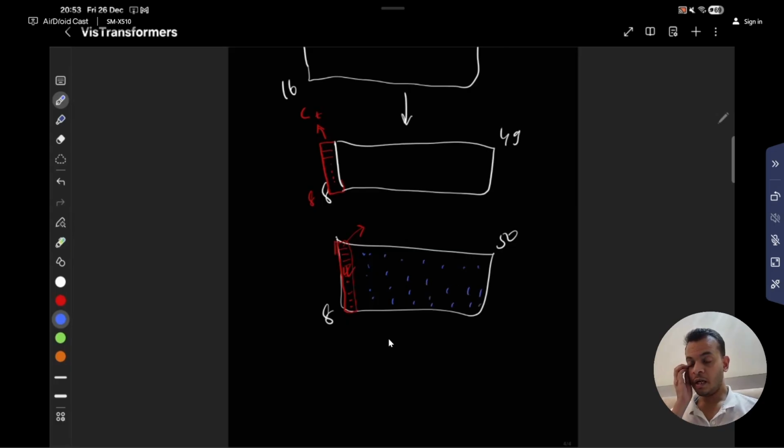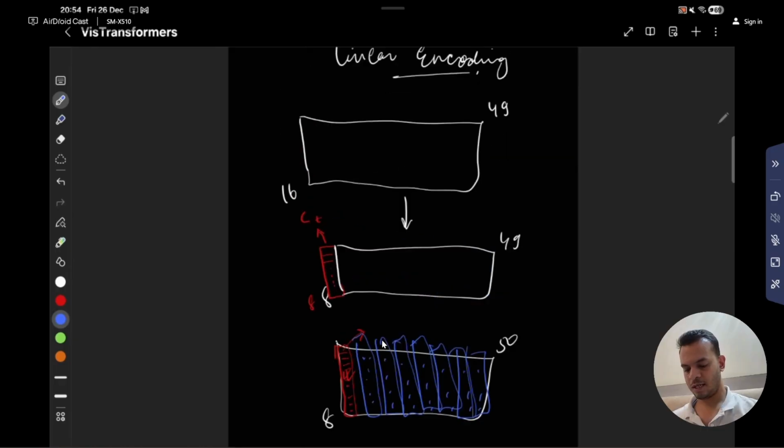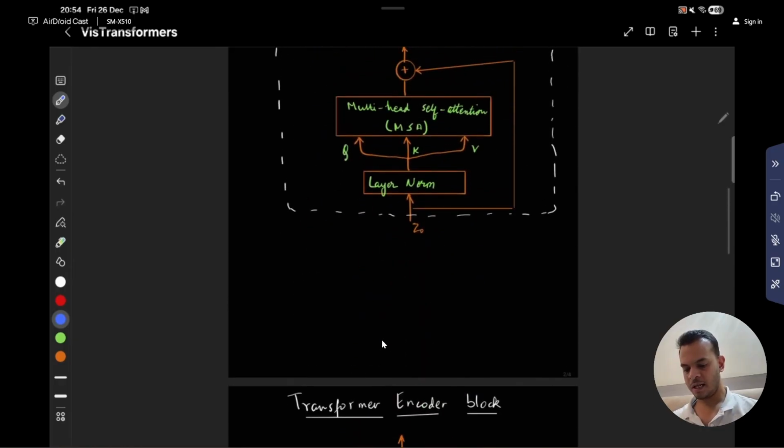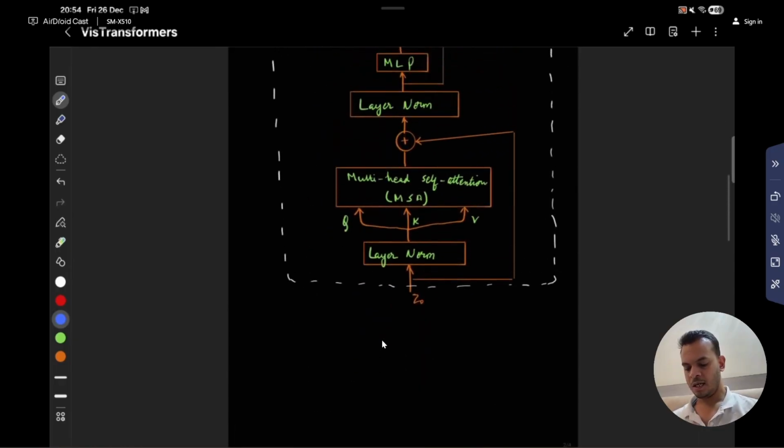What layer normalization does is that for each of the values, it normalizes it such that it is centered around 0 and the standard deviation is 1. So that's what this layer normalization layer does.